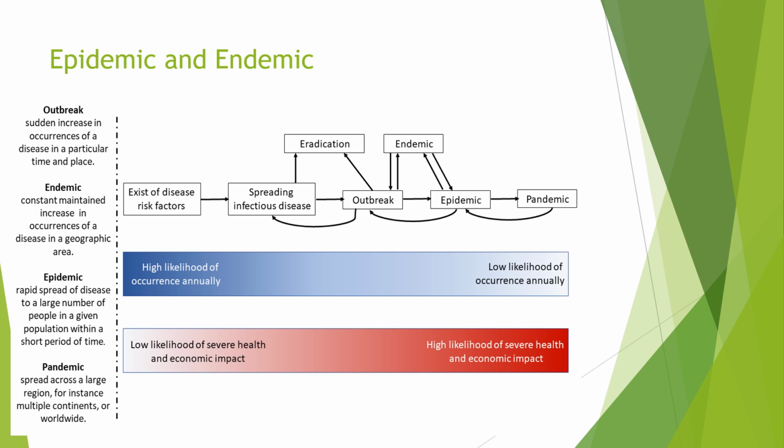Like the influenza A pandemic, it changes serotypes and it often causes epidemics. But the pandemic of influenza in the last 100 years, in spite of so many changes of serotypes, has occurred only 4 times. So you can see the likelihood of pandemic as an annual occurrence is much lower.